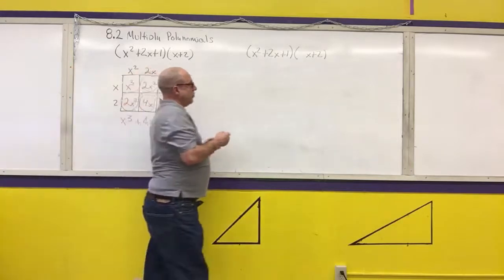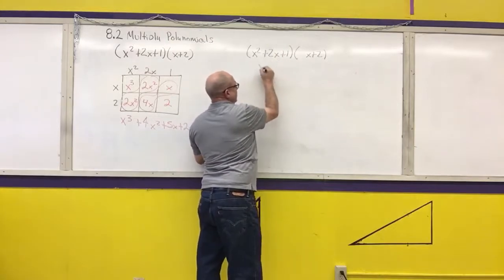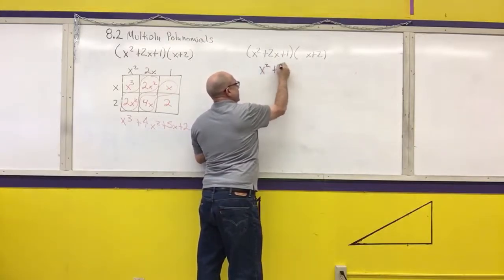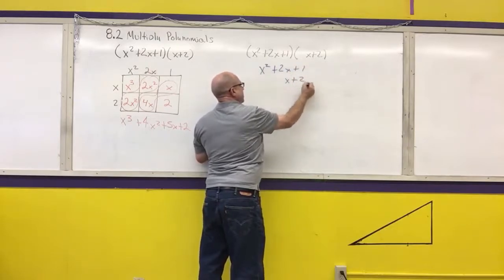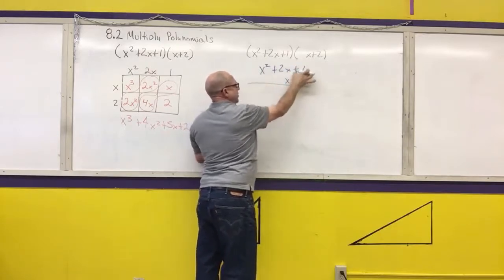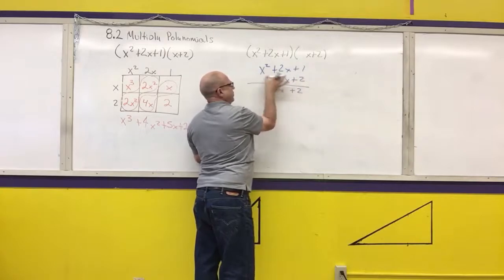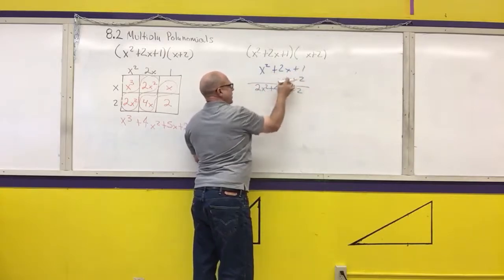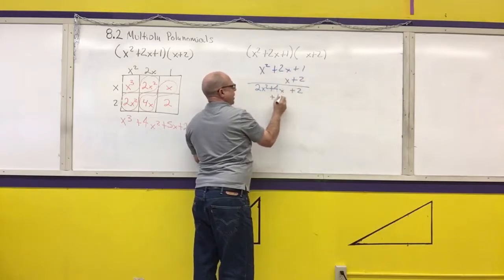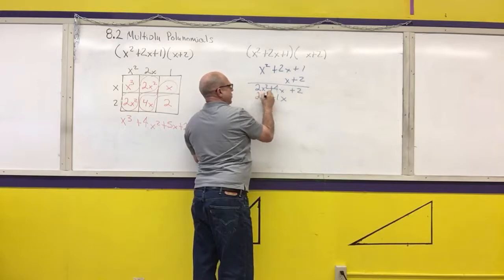Now to use the regular multiplication method, I put the polynomial with the most terms on top. And then I just do regular multiplications. 2 times 1 is 2. 2 times 2x is positive 4x. 2 times x squared, 2x squared. 1 times x is positive 1x. 2x times x is 2x squared.